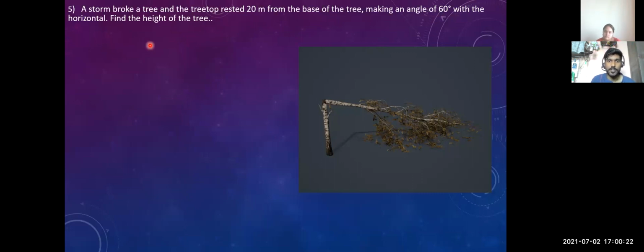So this is a tree and it broke at this point and the top of the tree is touching the ground here. Can you see the laser pointer? Okay. And it makes an angle of 60 degree with the horizontal. That means here. So if this AB was a tree, it broke at this point and this point A is now touching the ground.